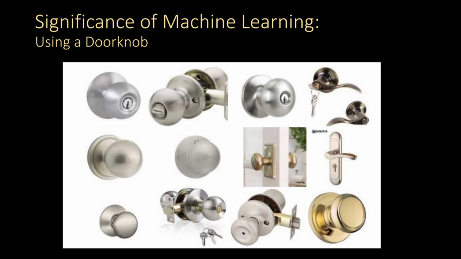Even if we can come up with a complex system of rules, every time a new doorknob comes out, we'll have to go back and make sure the system can still operate successfully. And if not, carefully add rules to the already complex system without breaking it, which frankly is not a pleasant task.